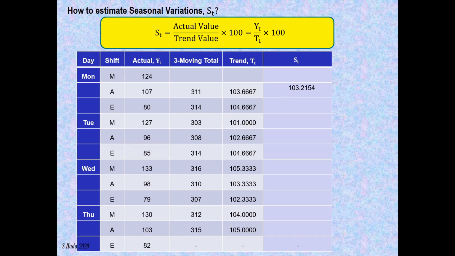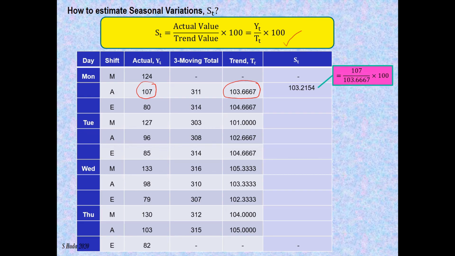Identify the actual value. The actual value is 107. What is the trend value from the same row? So, from the same row, the trend value is equal to 103.6667. Then, substitute into this formula.